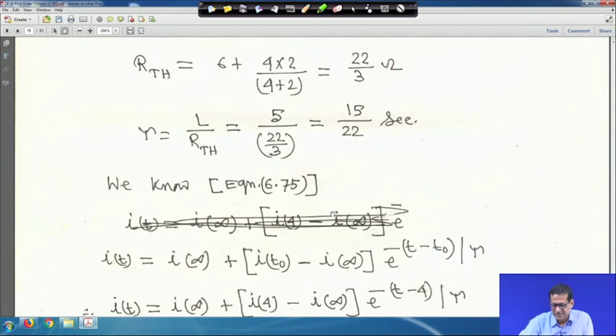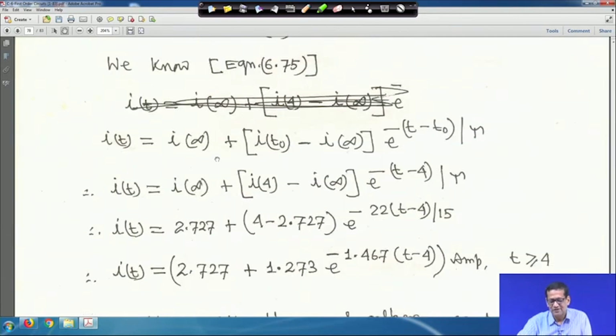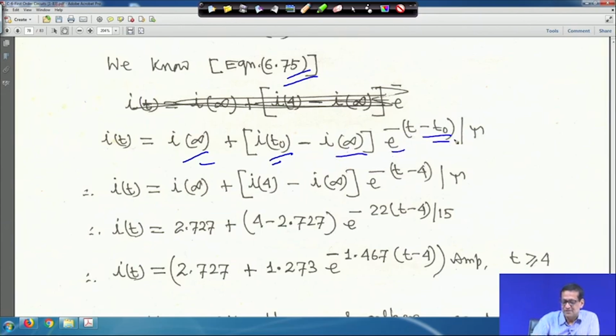So, from equation 75 we know this, because it was t is equal to t 0, that is 4 second. So from equation 75, it is I infinity plus (I at t 0 minus I infinity) e to the power minus (t minus t 0) by tau, where t 0 is equal to 4 seconds, because S 2 was closed after 4 seconds.